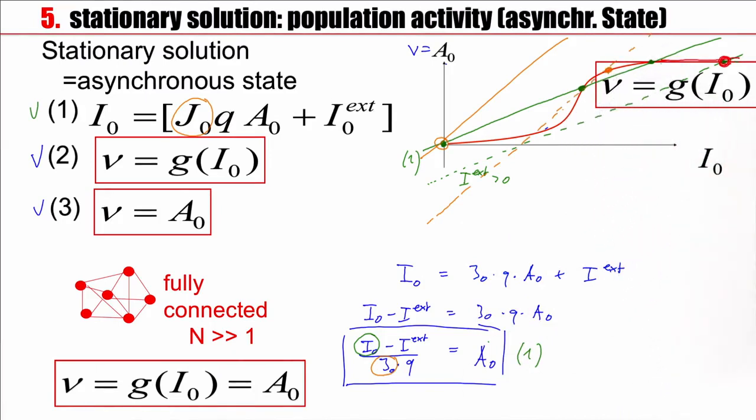So the message here is that in the stationary state, we can graphically construct the solutions of the population activity, which means we can predict the population activity for the connectivity, the J0, and we can predict the stationary population activity if we know the connectivity J0 and if we know the single neuron properties that are completely summarized by this FI curve g of I0.